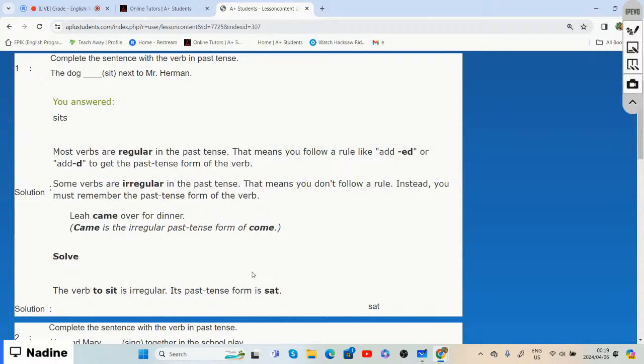And here we made an example: Leah came over for dinner, right? Leah came over for dinner. So the word in bold is came.